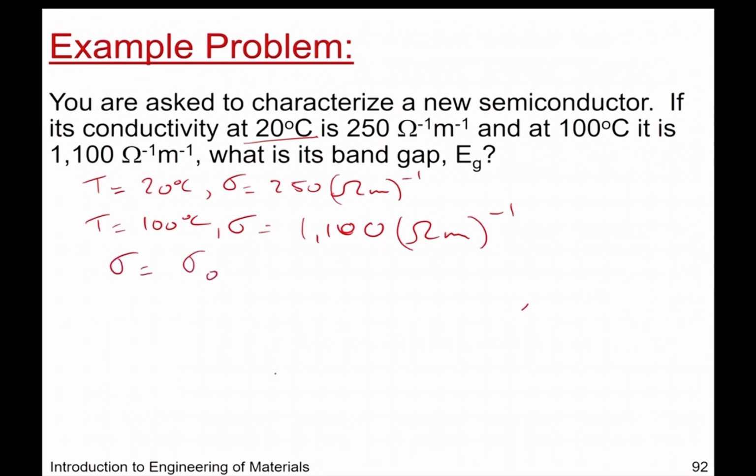I write it as sigma naught, but sometimes you'll see it as A, or whatever letter is the prefactor. Then e to the negative Eg, your band gap, divided by 2kT, k being Boltzmann's constant.